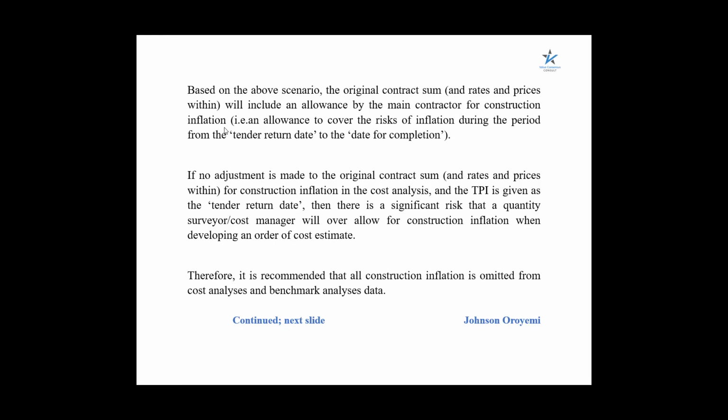So based on the scenario above, the point here is that if the cost analysis we are using for the new project still contains the percentage addition for construction inflation, then when you update that cost analysis using a cost index, you are going to be allowing excessively for the percentage addition for all this construction inflation, and for items such as main contractor's preliminaries, profit and overhead, and project management fee.